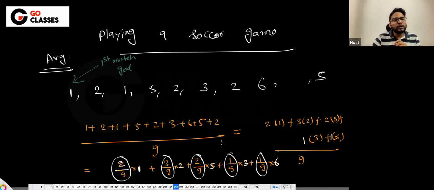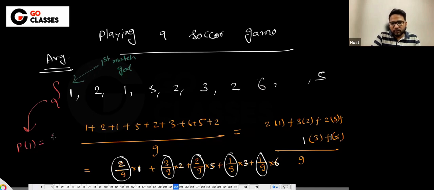Which means what you actually did, I mean, you took the average. It means you are innocent, you did nothing, but what happened, I am telling you. Okay, that you took the average and then unconsciously or subconsciously what you did, you found out the probabilities from this data. Tell me, using this data, okay, actually I never know the actual probability distribution of any data, but using this data, tell me the probability of 1.